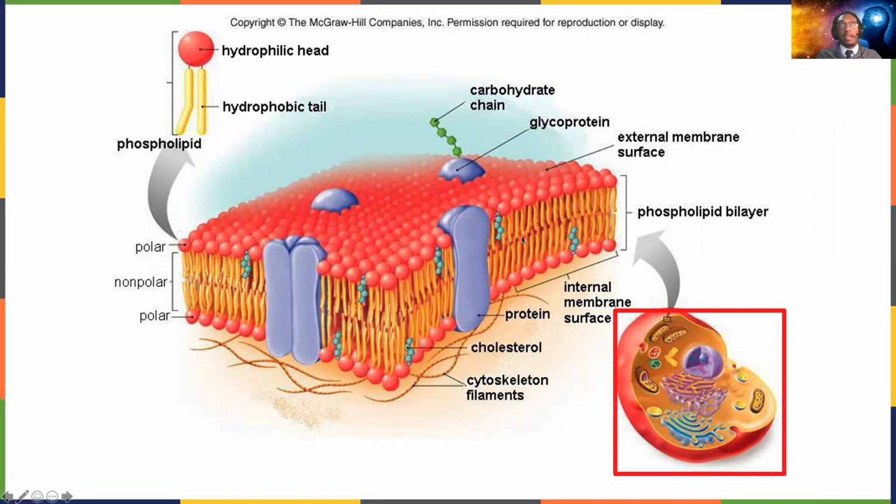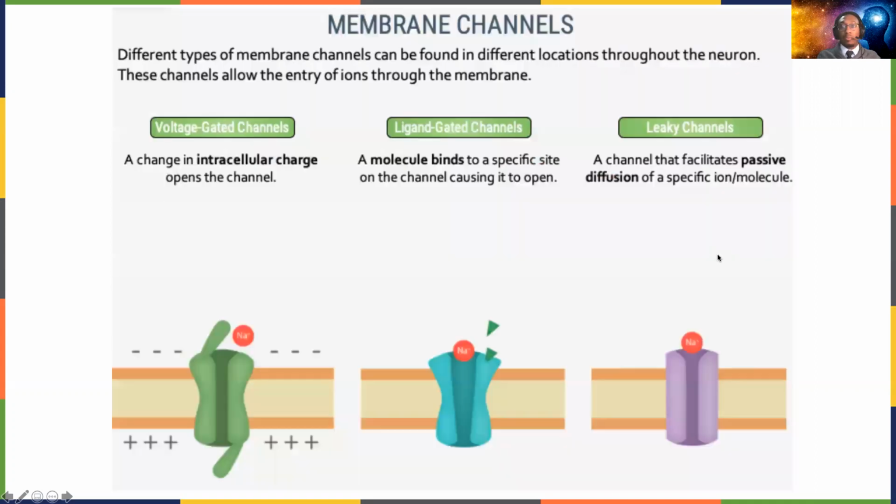So they have these lipids that are paired in two and form the cell membrane, and the only way for chemicals to get through the cell membrane is if they travel through some kind of protein, like a membrane channel, like what's pictured here in purple, or if they are small enough, they might be able to go through the lipid bilayer itself.